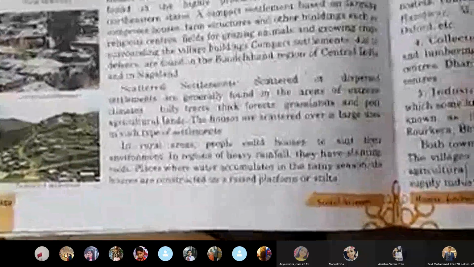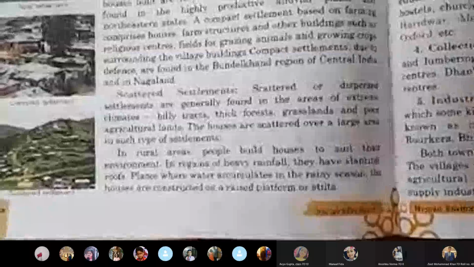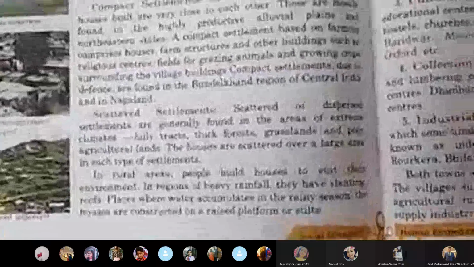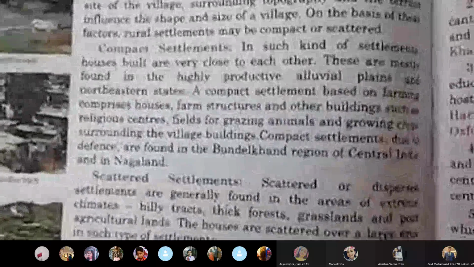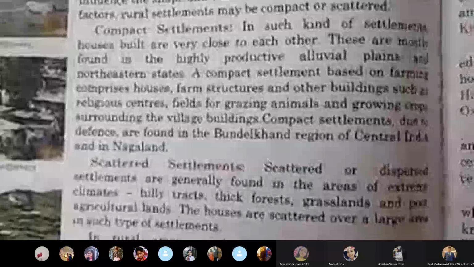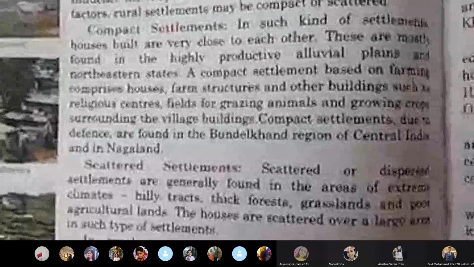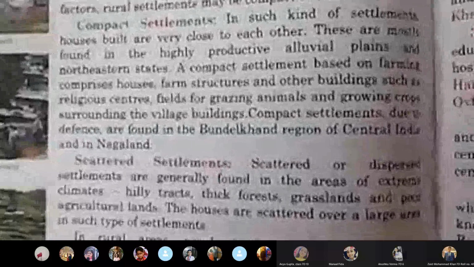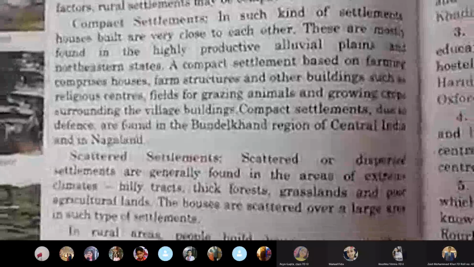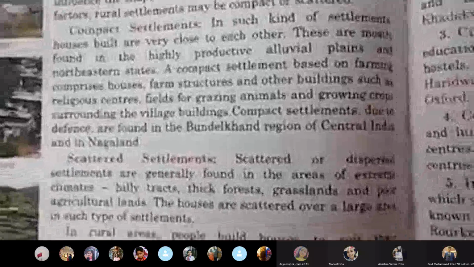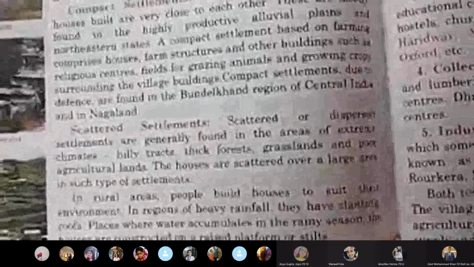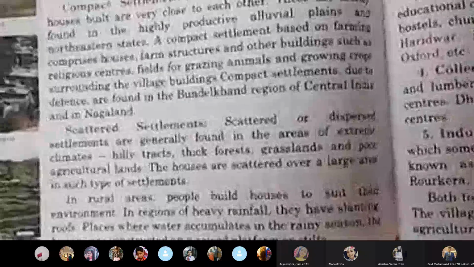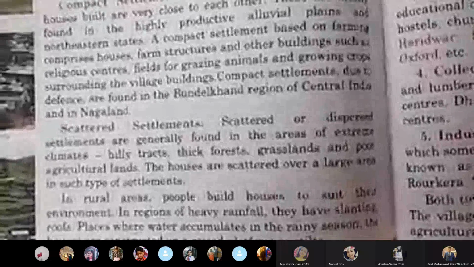Compact settlements due to defense are found in the Bundelkhand region of central India and in Nagaland. So they are telling you about the compact settlements there because of the availability of alluvial soil, which is a highly productive soil. The settlements are very close by, and mostly the villages have the houses, the farms, the religious centers, and fields for grazing animals very close by.